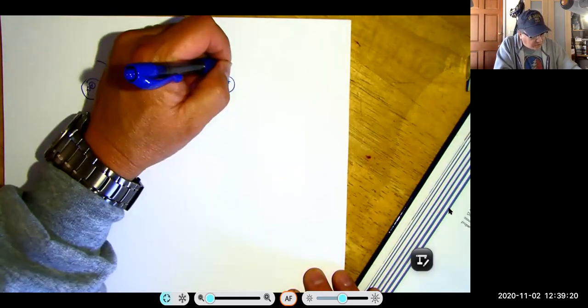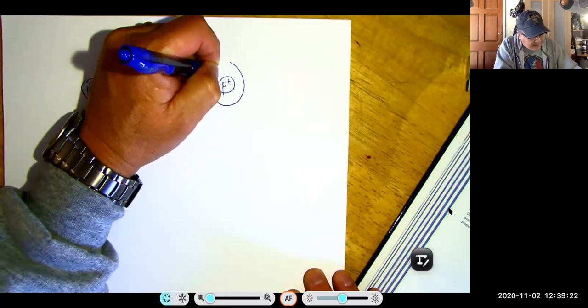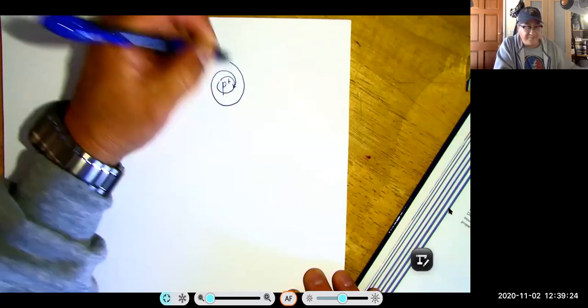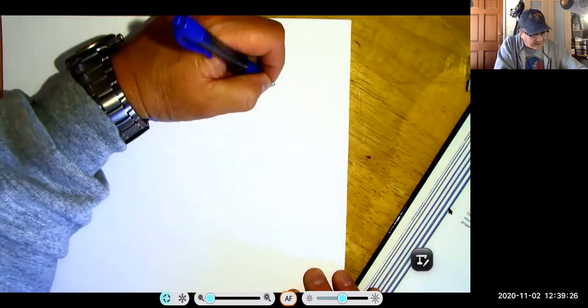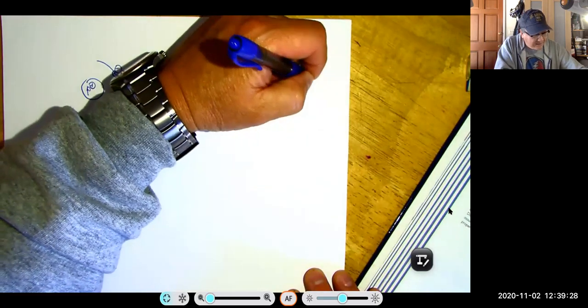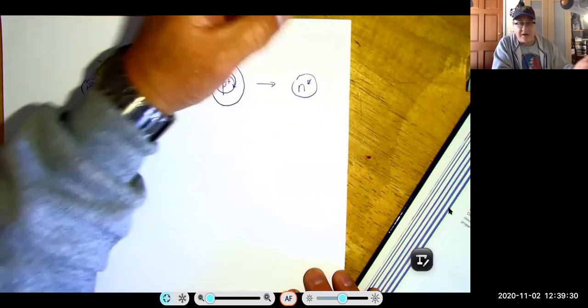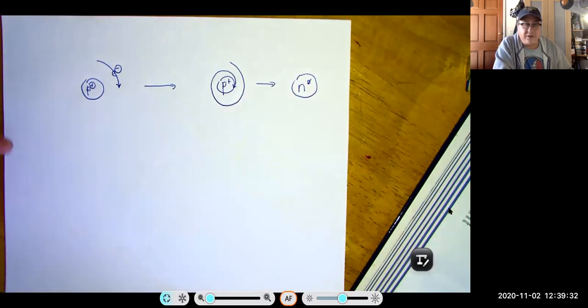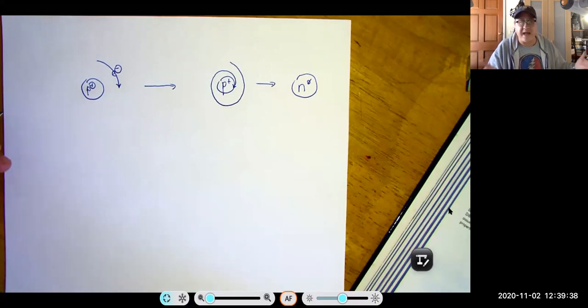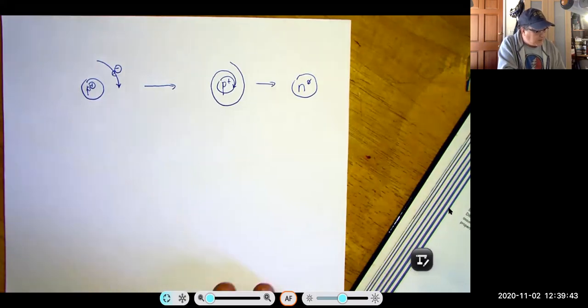The electron should spiral in to the nucleus, and you end up with basically a neutron, because a proton and an electron pretty much equal a neutron. So that's what should happen over time, but that doesn't happen. So here's one of the problems with this model.